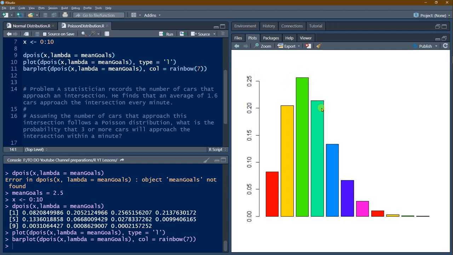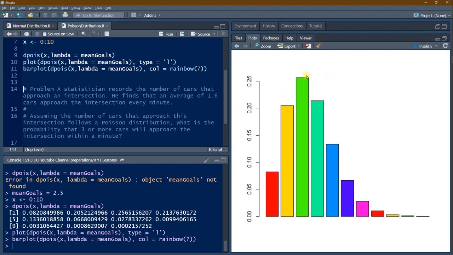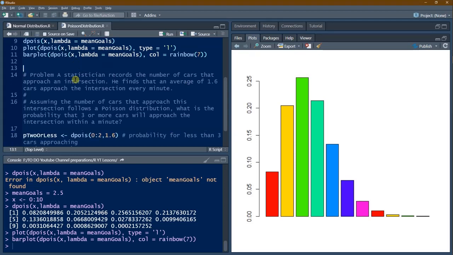And then the probability tapers down. So basically this appears to be the maximum goals possible. So 2.5 goals is the mean, and we are getting a maximum at 2 goals as per the distribution.